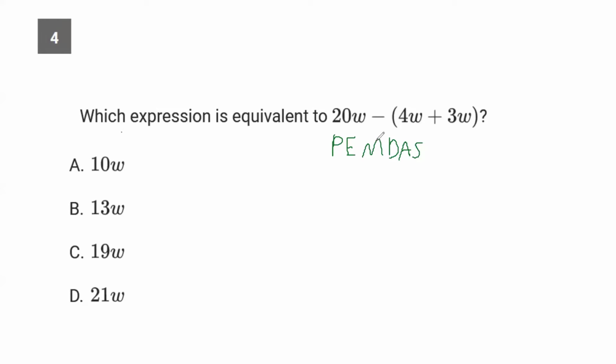Parentheses, exponents, multiplication and division are the same level, addition or subtraction last. So we're going to do 20w minus 7w, and that gets us 13w. Okay, and now we've covered some PEMDAS. We can go on to number 5.